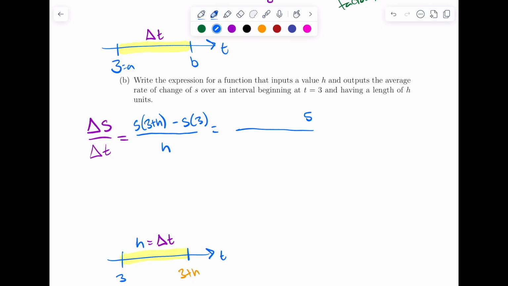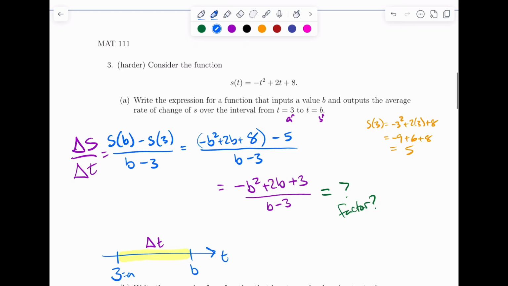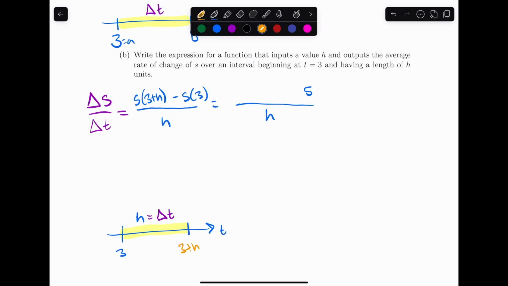What is s of 3 plus h? Oh, we have to be a little careful here. But we know what s does. Let's just plug in that whole quantity, 3 plus h, everywhere we see a t in this formula for s of t. So s of 3 plus h is minus 3 plus h squared plus 2 times 3 plus h plus 8.